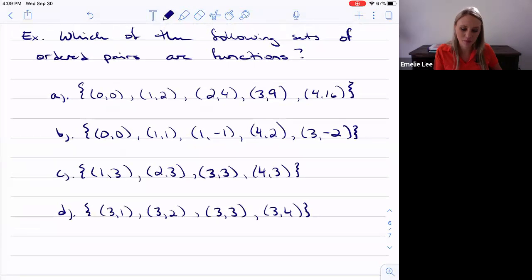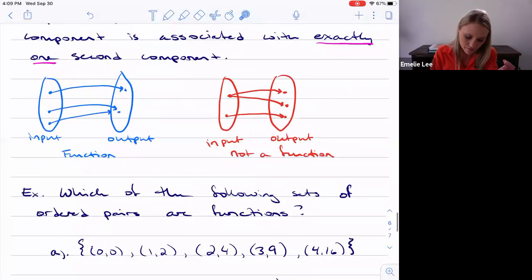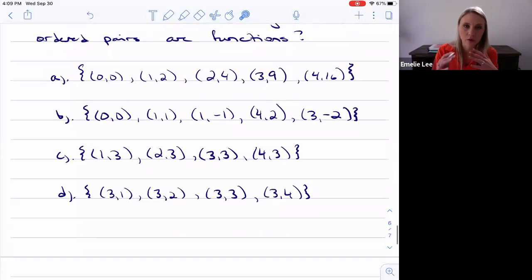It does help if you read them as 0 goes to 0, 1 goes to 2, 2 goes to 4, 3 goes to 9, and 4 goes to 16, or you could even map them out like we did here, right? And just make sure that you don't have two lines from the same input. That's not allowed, right? And so here, 0 goes to 0.